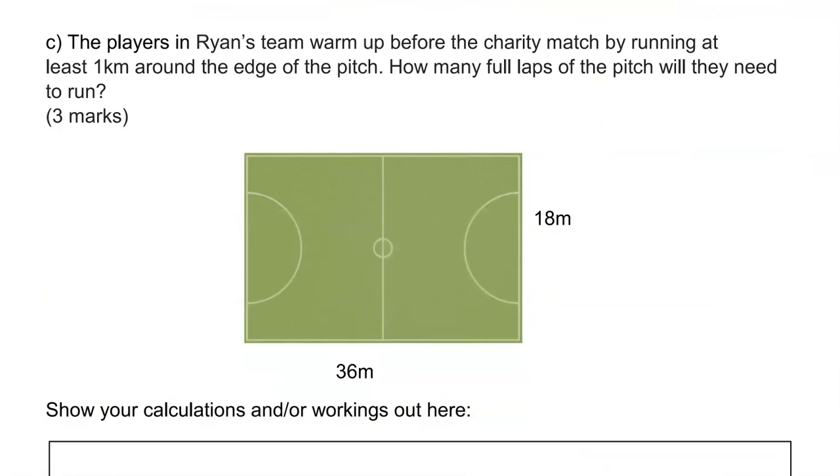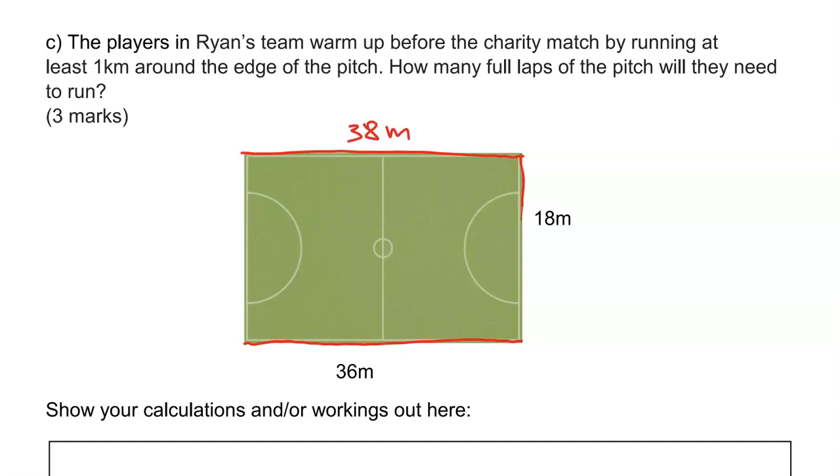The players in Ryan's team warm up before the charity match by running at least 1 kilometer around the edge of the pitch. How many full laps of the pitch would they need to run? Show your calculations and the workings out here. So looking at the pitch, we've got 38 meters here, and this is going to be 38 meters as well.